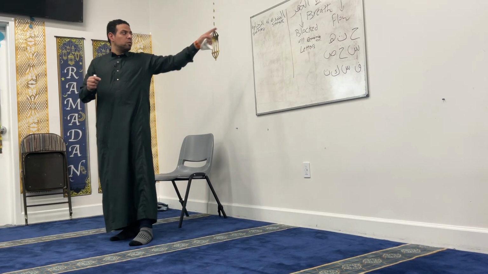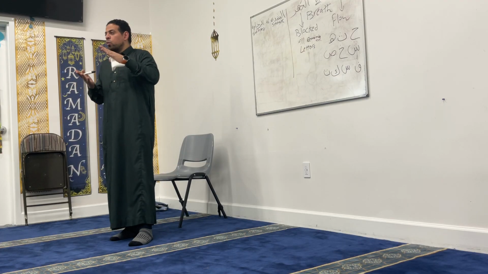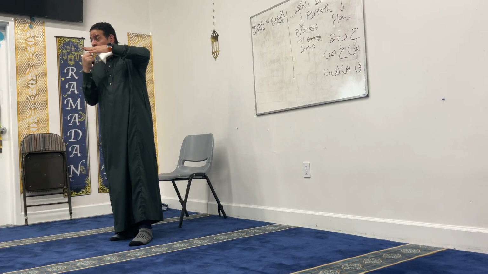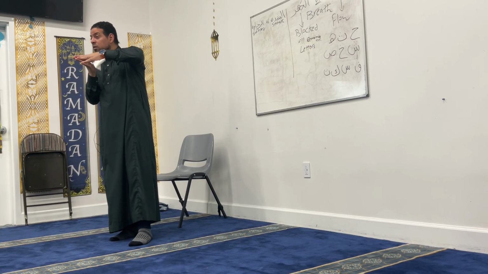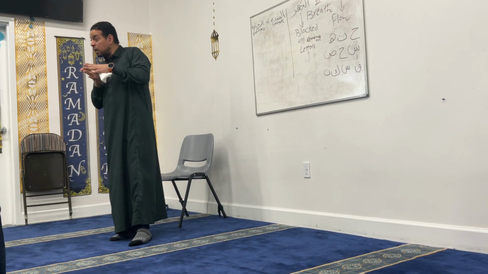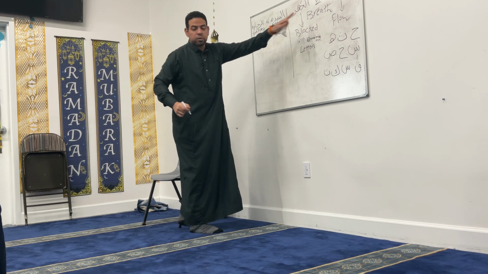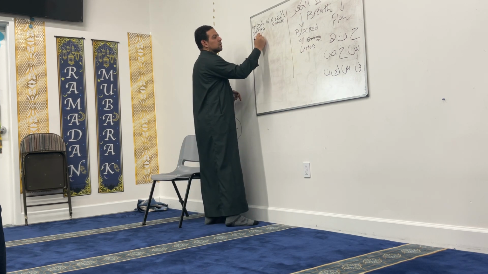What else? Da. See? So when I pronounce these strength letters, what's going on is I'm closing my mouth on the makhraj where we pronounce the letter, and we block the sound from flowing. So hams and jahr focus on breath, and this one focuses on the sound.